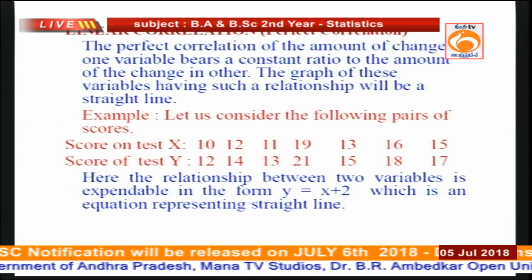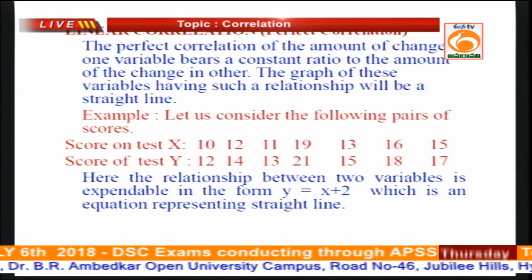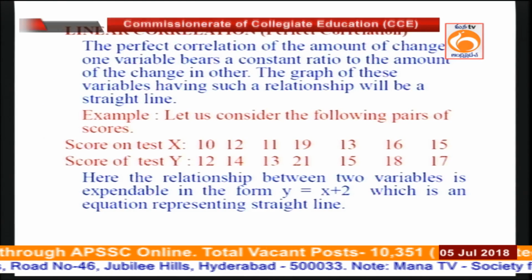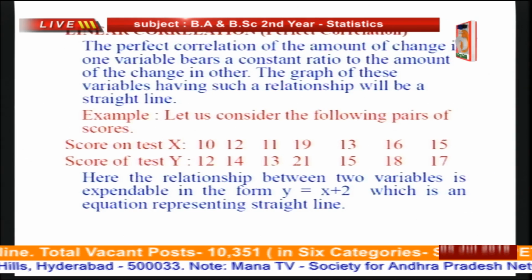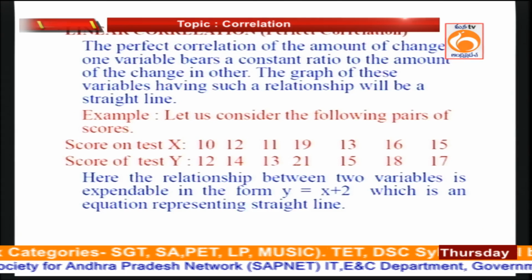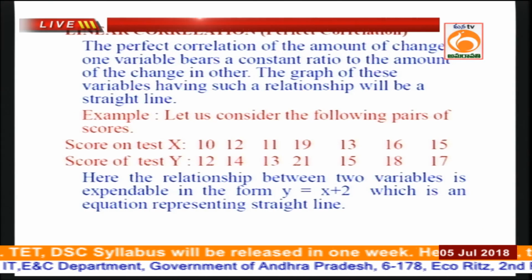That relation is y is equal to x plus 2. Increasing by 2, we get the y values. There is a linear relationship between x and y, so the correlation coefficient between x and y is perfect.